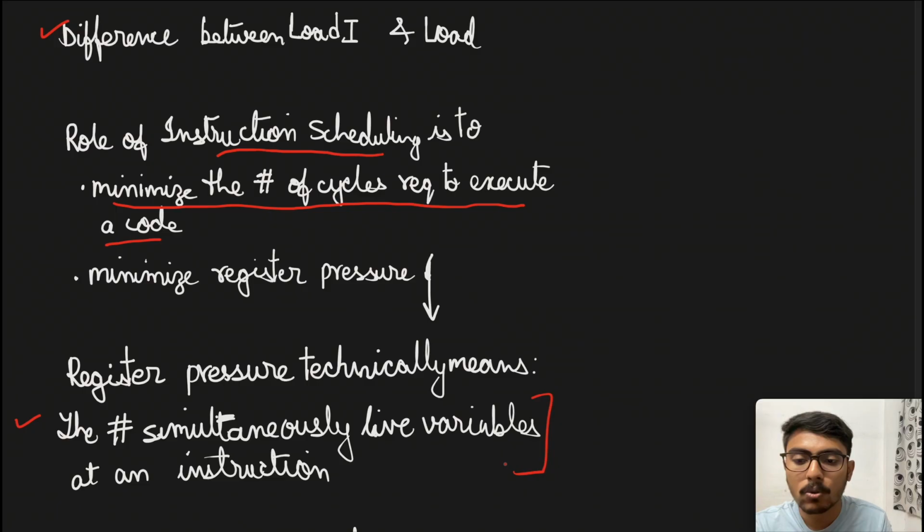There we saw that when we pull a variable from memory to register, we have a term known as spill cost. This spill cost is an overhead for the computer system, because the time going into transferring from memory to register and from register to memory takes extra time for the code to run. So that increases register pressure.